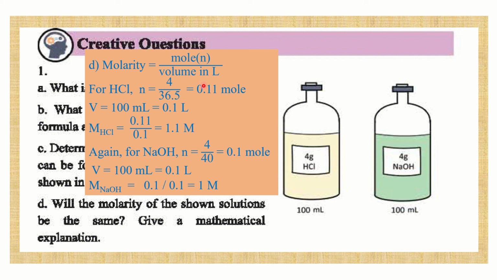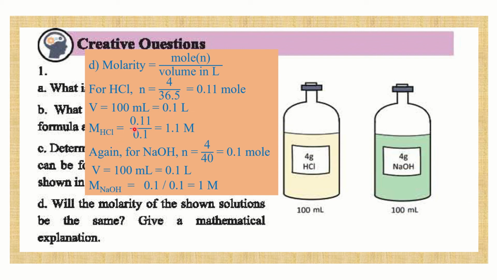Look, for HCl we got 0.11 mole and for sodium hydroxide we got 0.1 mole. Now you can easily determine the molarity of them because we know the volume. Both are 100 ml, which means 0.1 liter.